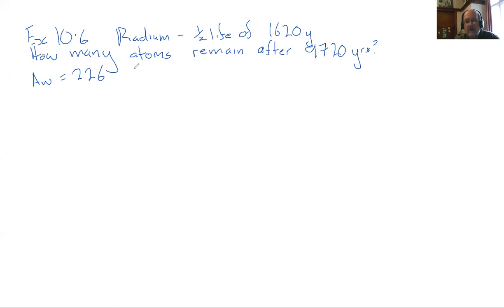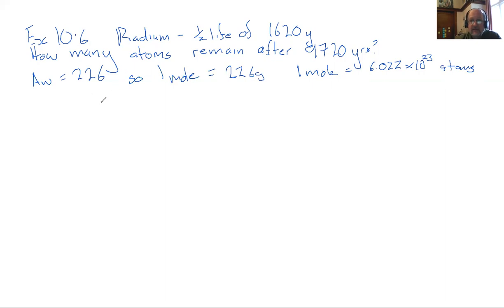So one mole of radium equals 226 grams. We also know 1 mole of anything equals 6.022 times 10 to the 23 atoms or molecules. That's Avogadro's number, in case you're interested. And I assume there's a long story on actually finding that number.